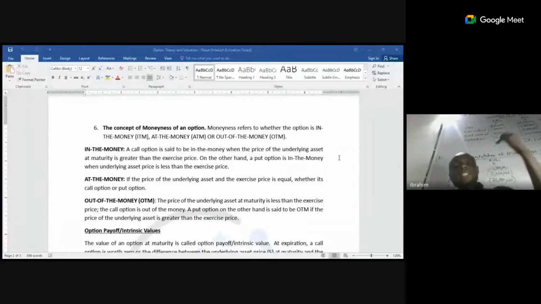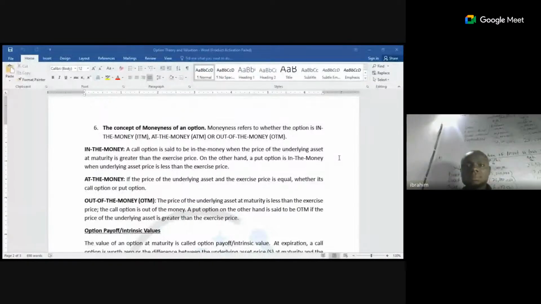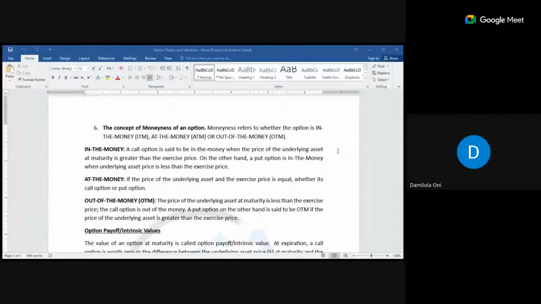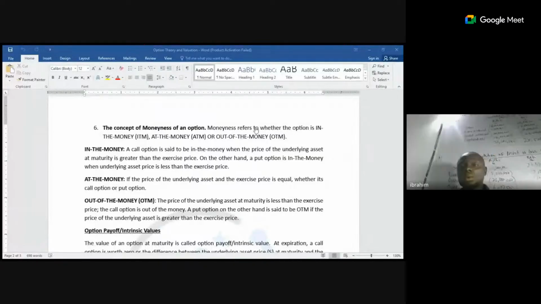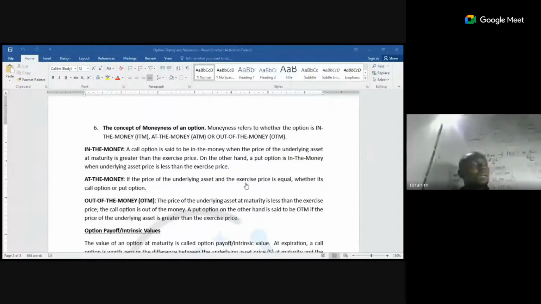You will exercise your rights because you buy it at 15 naira in the option market, right?